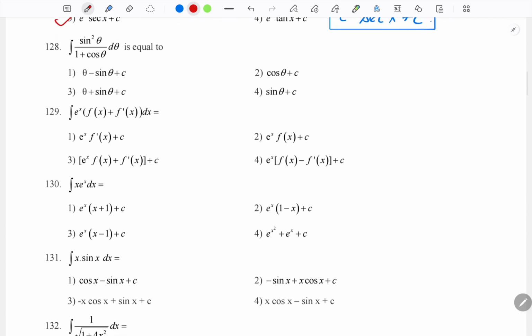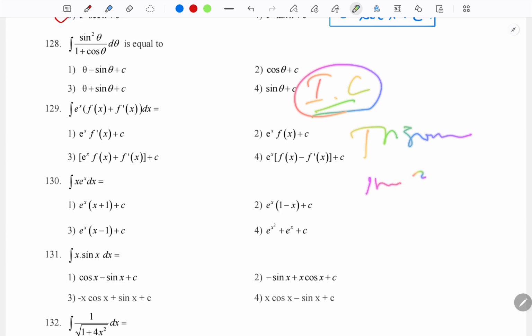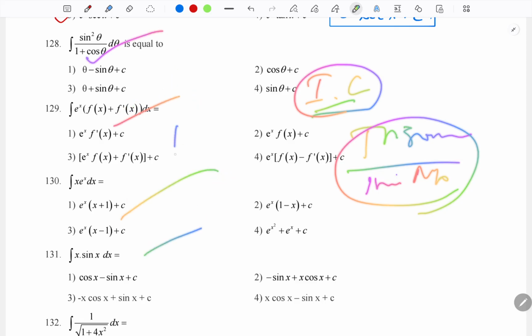Next question. It is also the same. And what is your observation here? If you want to solve integral calculus particularly, you should become a master in trigonometry, right? Maybe you won't get trigonometry in most questions, but trigonometric concepts are mostly used in differential calculus as well as integral calculus.